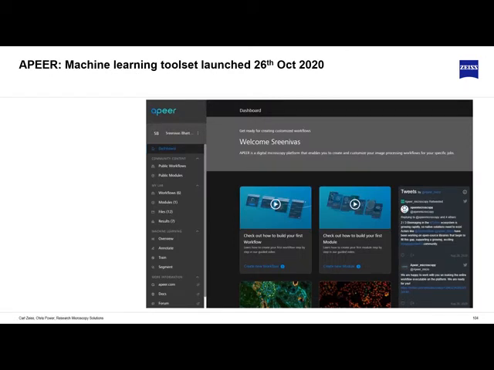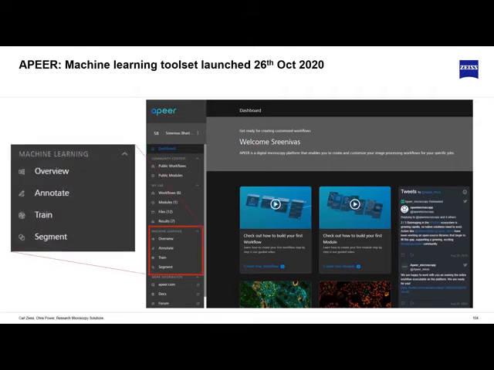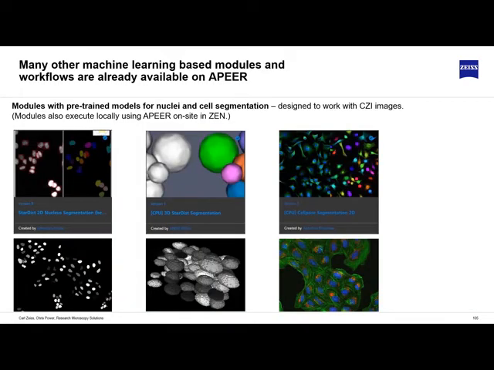And as of Monday this week, we've just launched this in the form of machine learning. So you can get this on APEER, free for everybody. And it will allow some of this really quite high-end image processing to take place. There are some pre-packaged ones that people have already done, so you can go over there and work on those together.